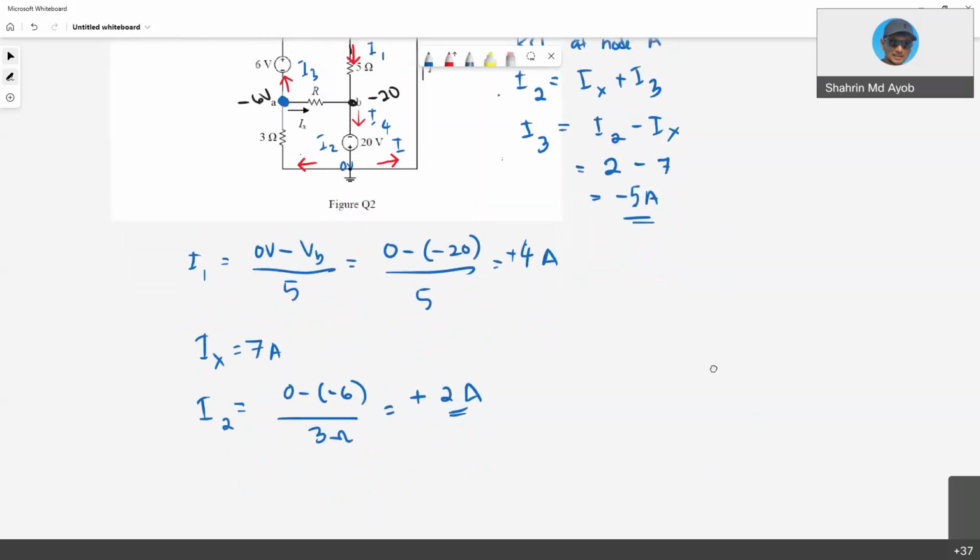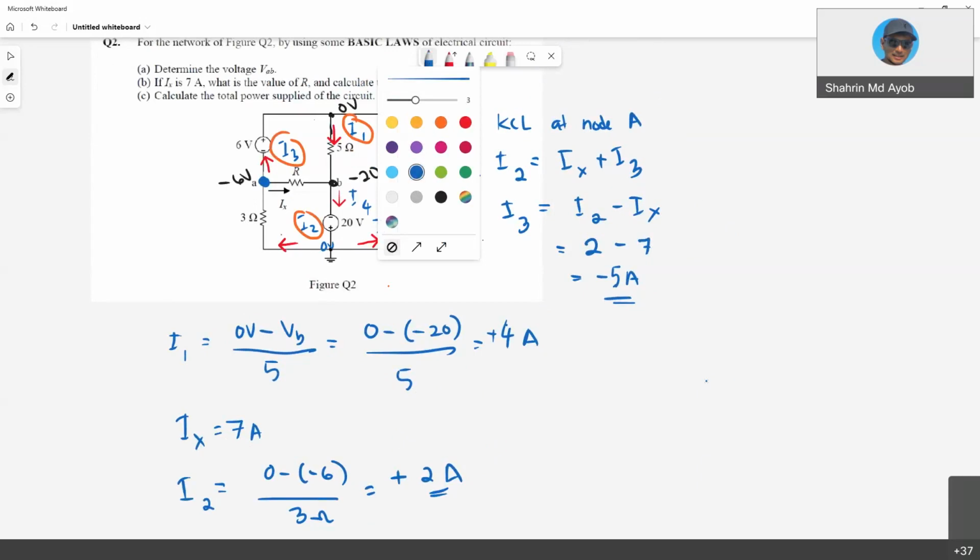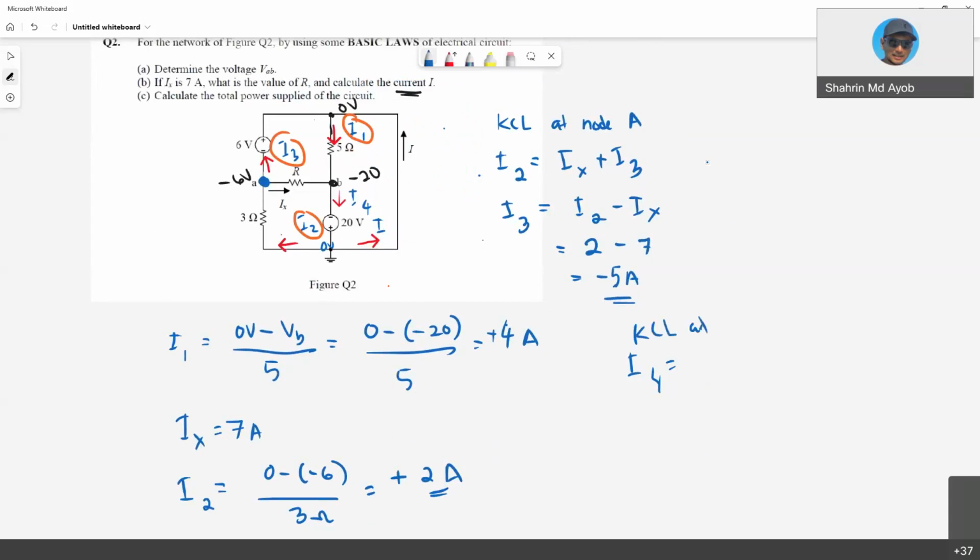Okay, so next is what? So we have already obtained I1, I2 also, and also I3. So Ix, okay. So right now is actually to get your I4. So KCL at node B. Okay, we know that Ix plus I1 is equal to I4.